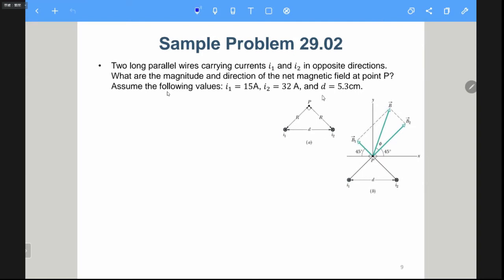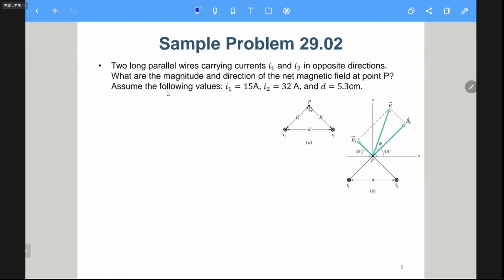Okay, so here, let's see. I1 is pointing out of the page. You can see a dot here, and then I2 is pointing into the page. The distance is like this, and then P is this point.